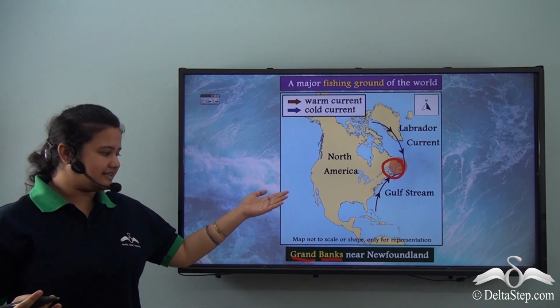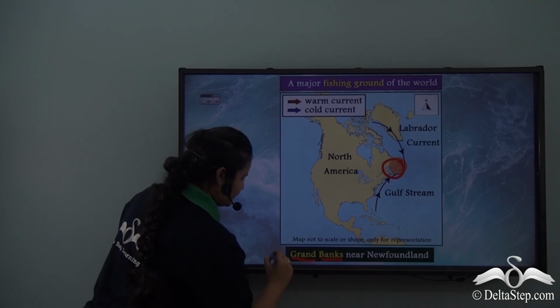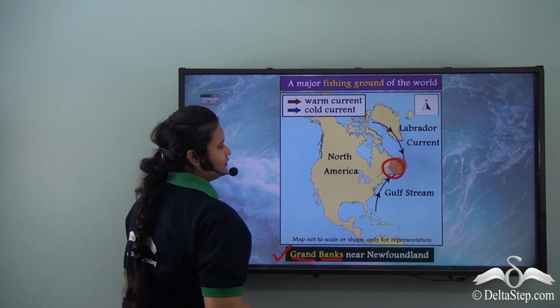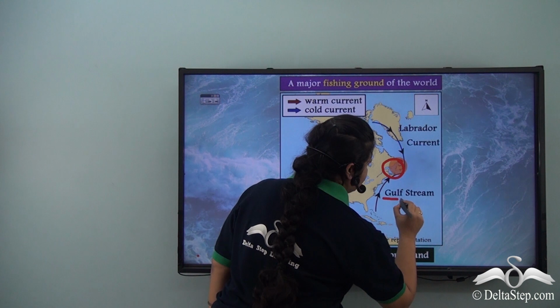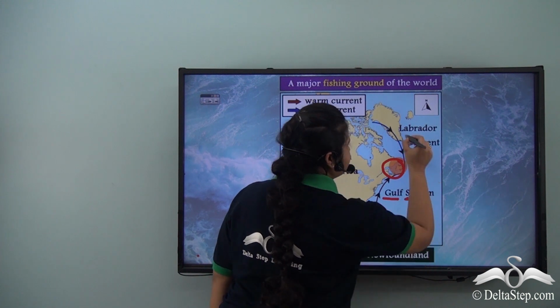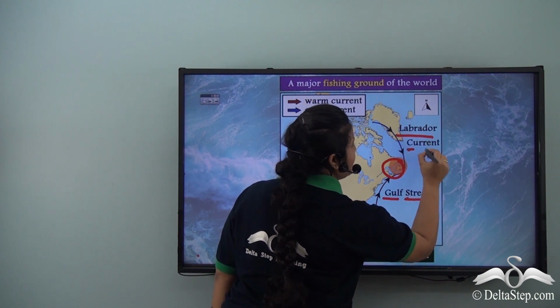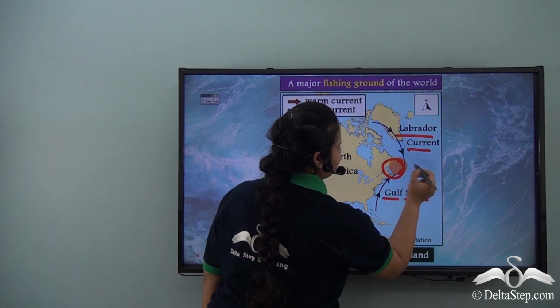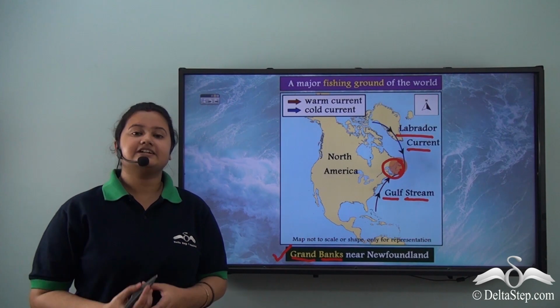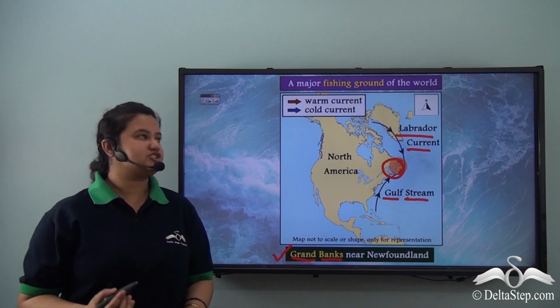Now take this example of Grand Banks. Grand Banks developed at the place where the Gulf Stream, which is a warm current, and the cold Labrador current meet. Now, let us consider another example of a fishing ground.